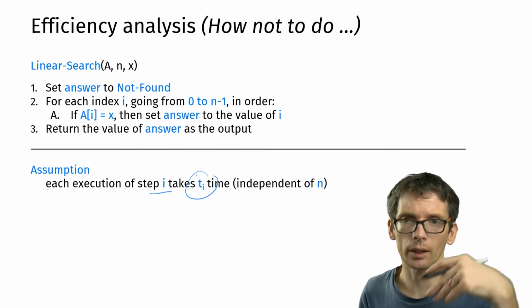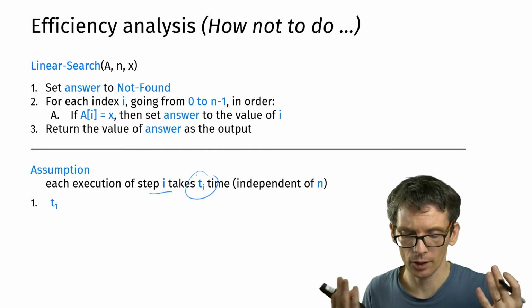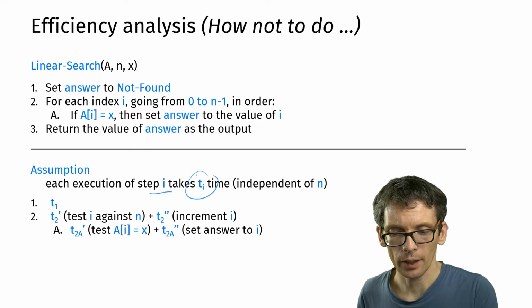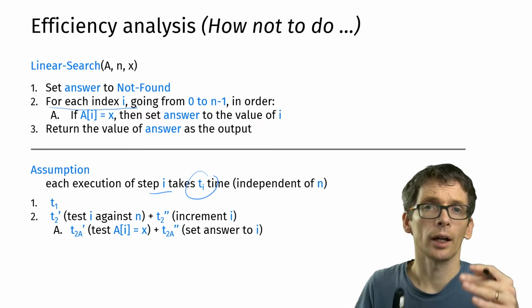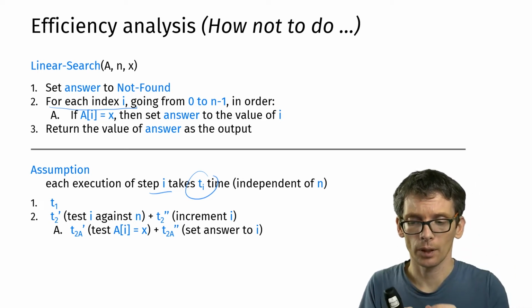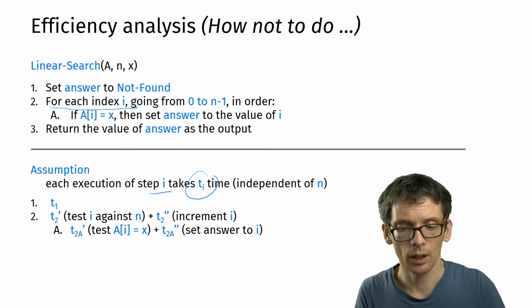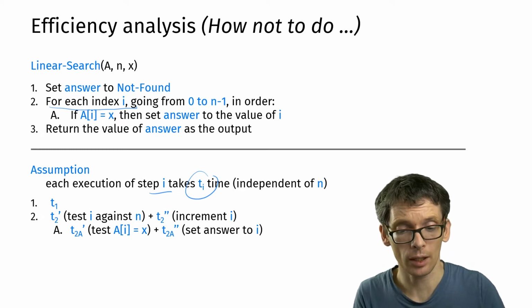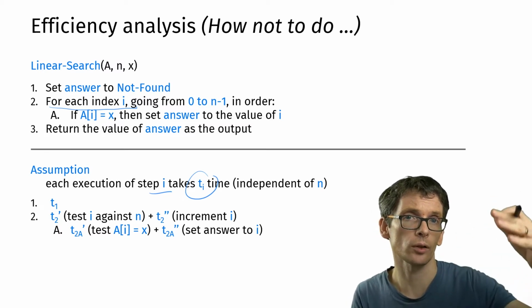So line 1, I set answer to not found, that's an elementary operation, takes t1 time. Then in line 2, there are actually things happening, because I initially set i to 0, then I set it to 1, then to 2. In one execution of that line, I'm incrementing i by 1, and then I'm testing whether i is smaller than n.